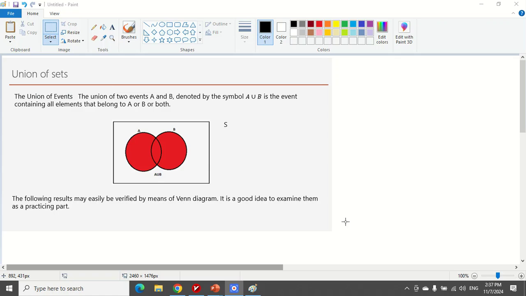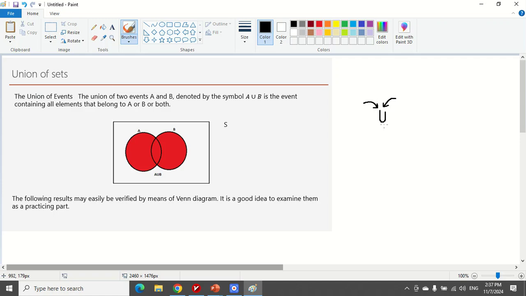The union of two sets is another operation that we can consider for sets or events, and it is given by this shape. The symbol of the union looks like a bowl that the elements go inside of.